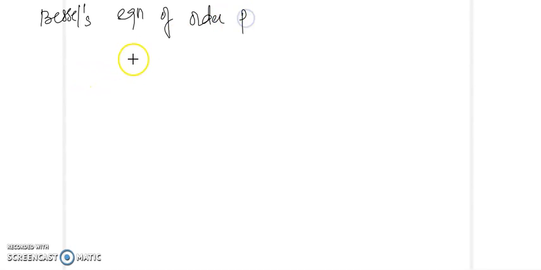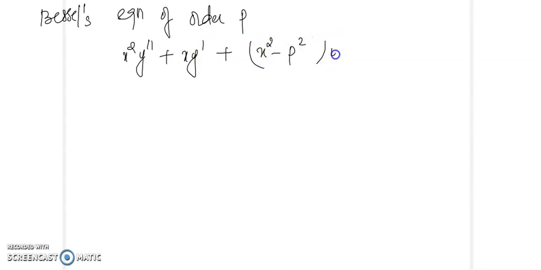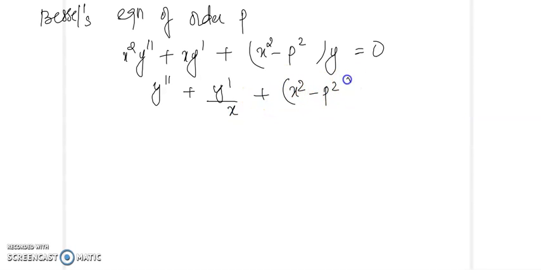Now if you consider the Bessel's equation of order p, that is the equation x square y double dash plus x y dash plus x square minus p square y equal to 0. That is y double dash plus y dash by x plus x square minus p square by x square y equal to 0.